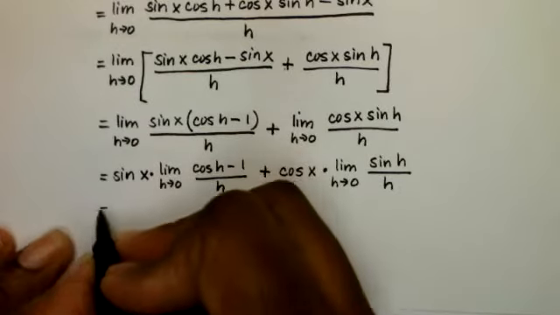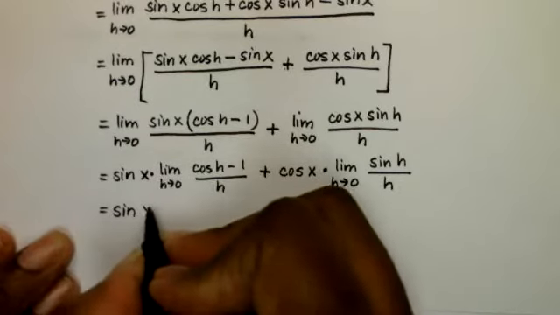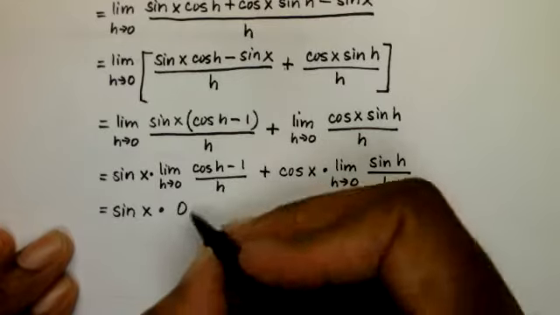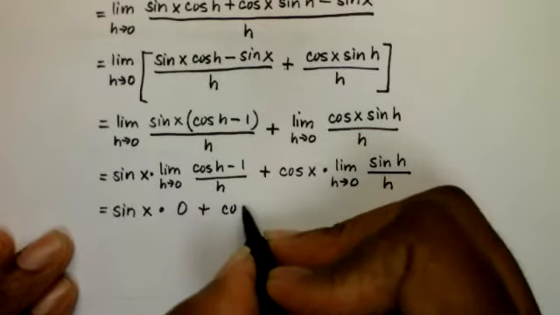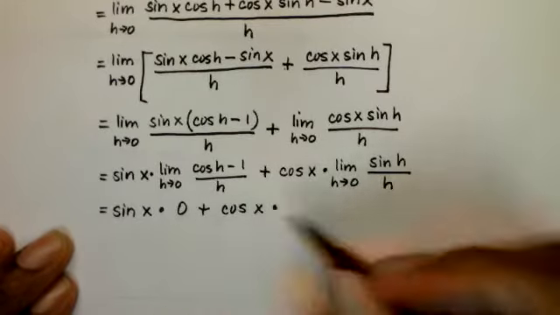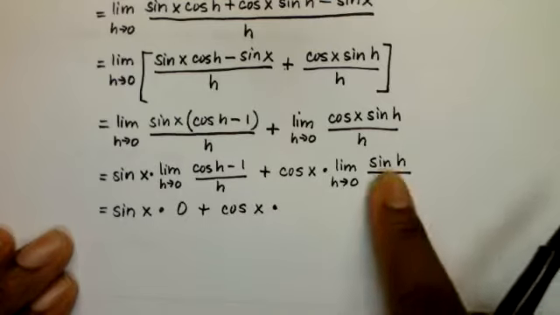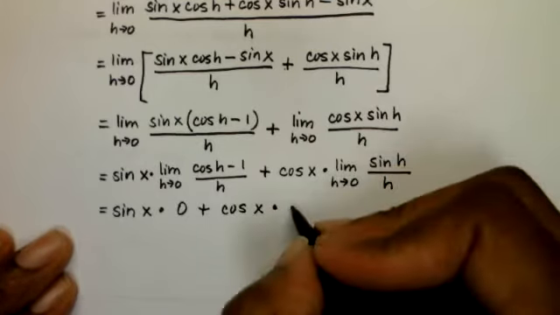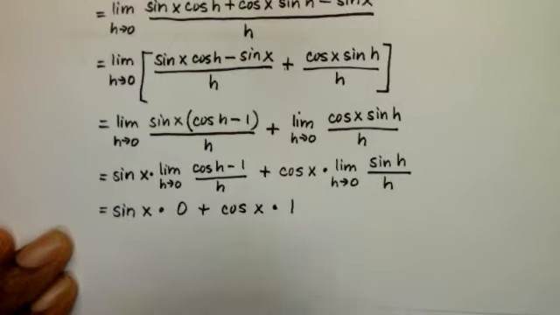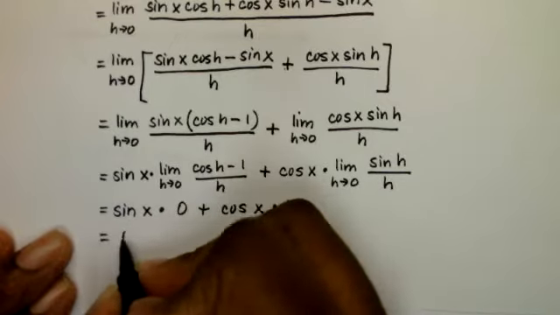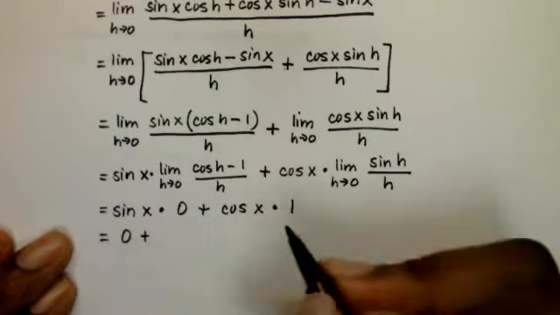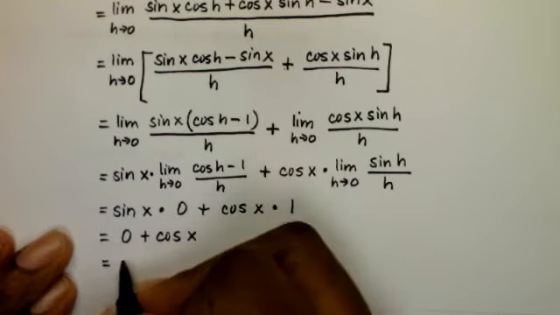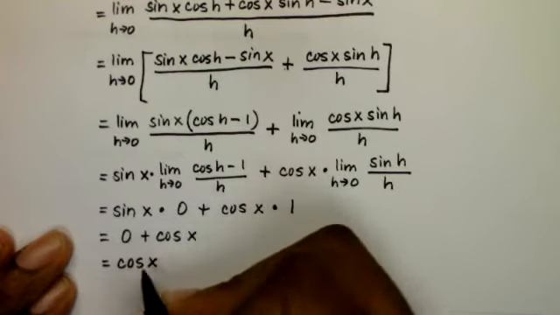So I got sine of x times 0, and then plus cosine of x times the limit as h approaches 0 of sine of h over h. That's the other trigonometric limit. That's going to be equal to 1. Sine of x times 0 is 0. Cosine of x times 1 will be cosine of x. Add that to 0, you'll end up with the cosine of x.